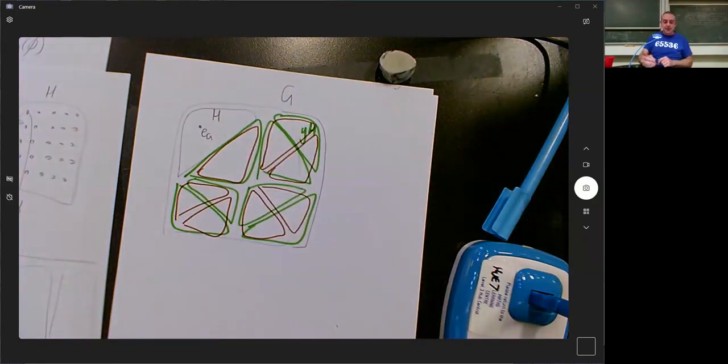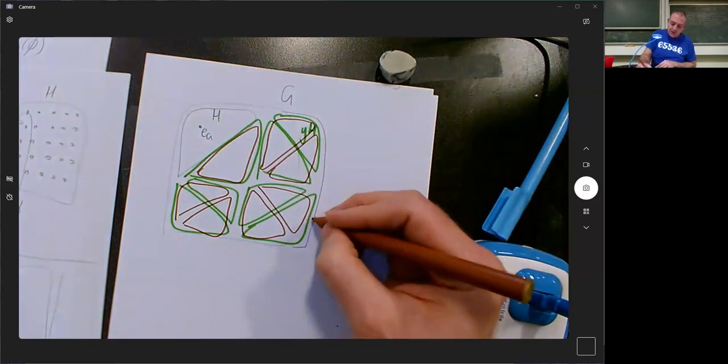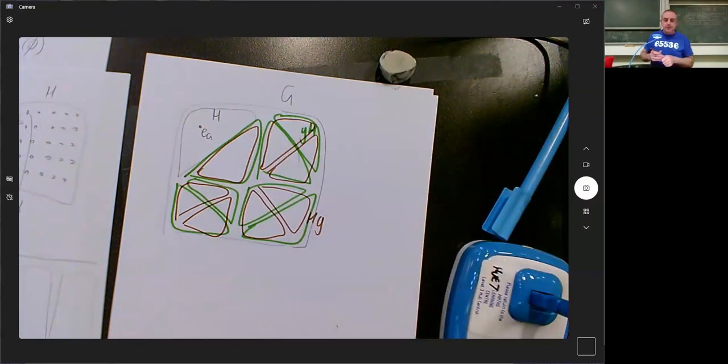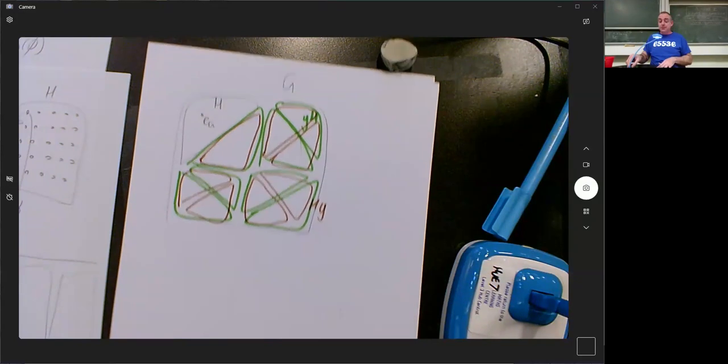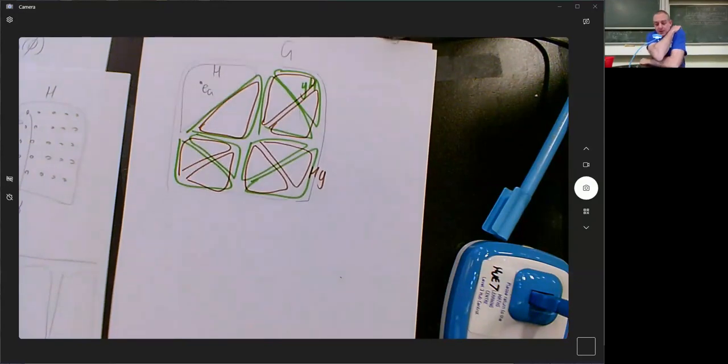Like that. And so I've got GHs and HGs, for example. Actually, HG and GH would have to overlap, sorry, but that's okay for a particular G.